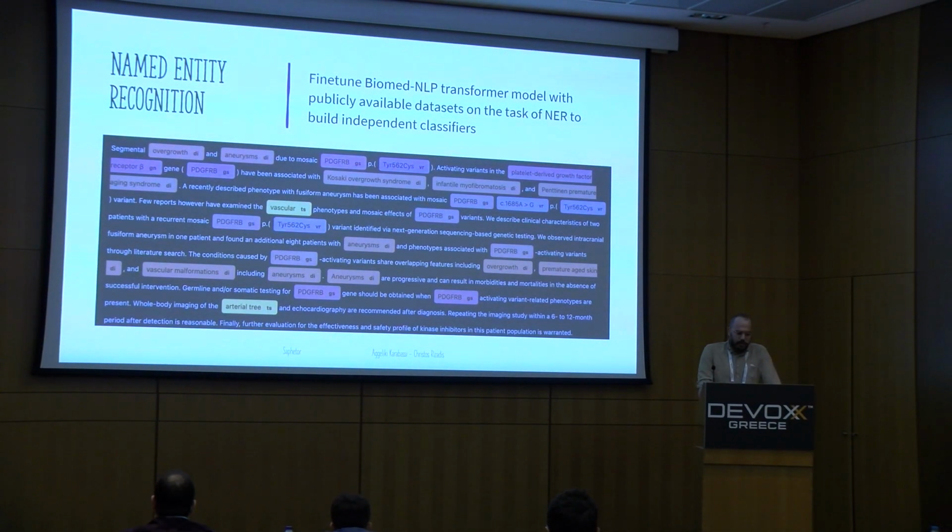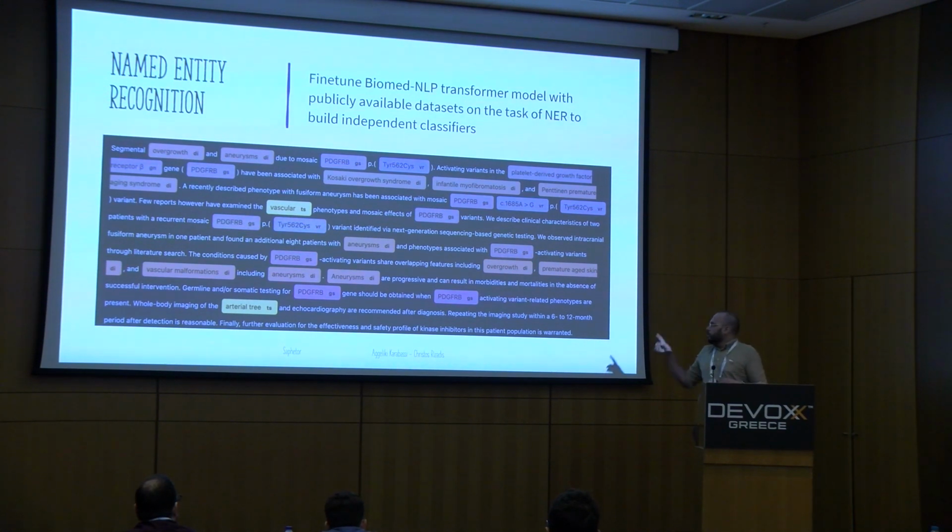So in order to achieve this, we fine-tuned a transformer model with publicly available datasets on the task of named entity recognition. We created a list of independent classifiers, in certain cases predicting the same types of tags.